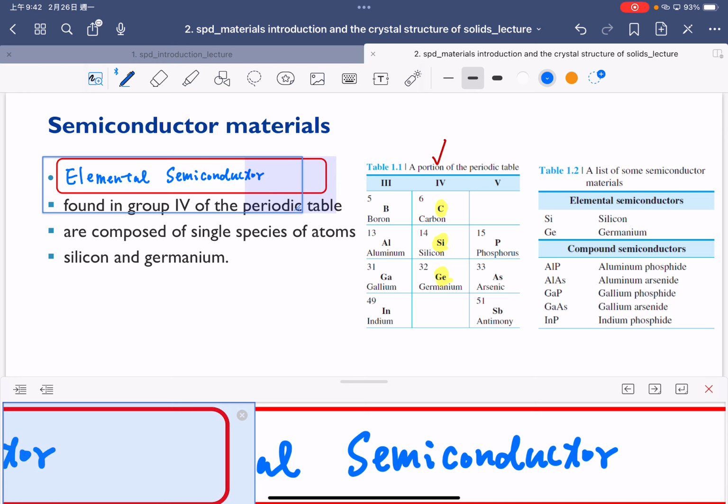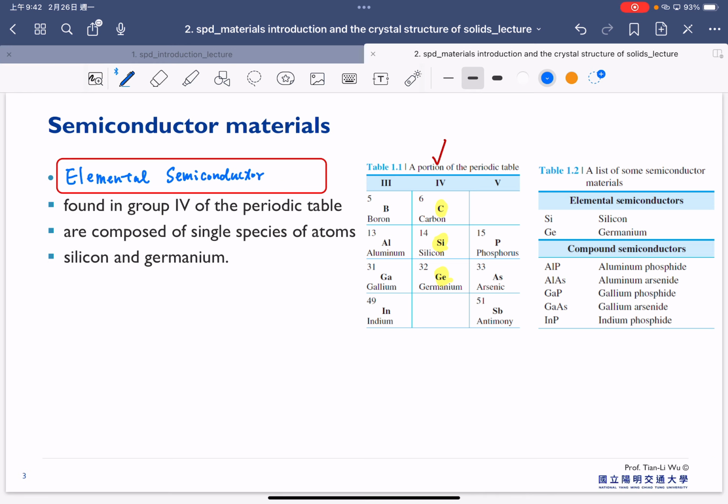So elemental means that this semiconductor can be formed by only one kind of chemical species, as shown here, which can be carbon, silicon, and germanium. And this is found in group 4 of the periodic table, composed of a single species of atom.